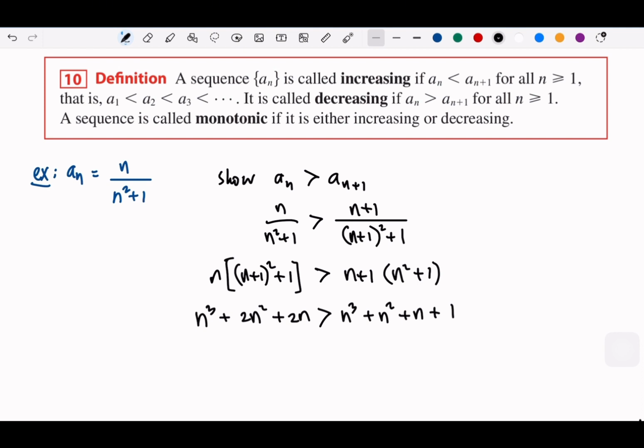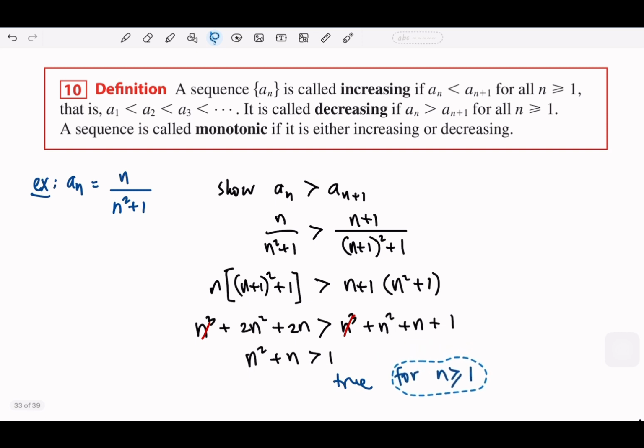And then solve. This one cancels, and that one becomes n squared plus n. And for sure, for n greater than or equal to 1, this is true.